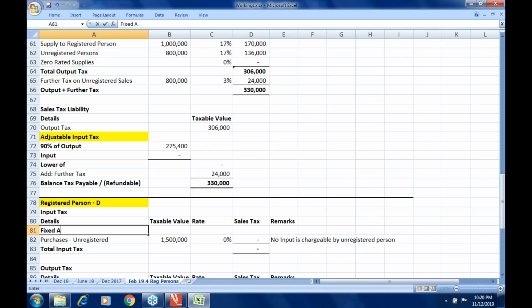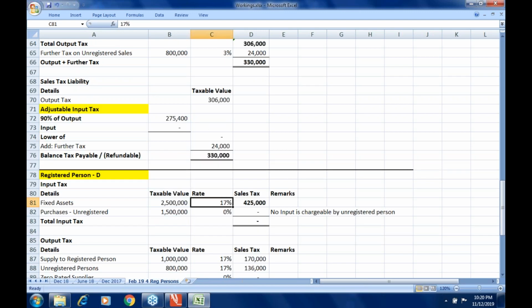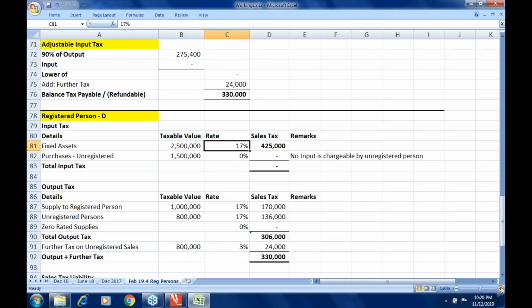So basically, it's going to be 17%. So resultingly, this is what it is going to be: this multiplied by this. This is for the fixed assets input.